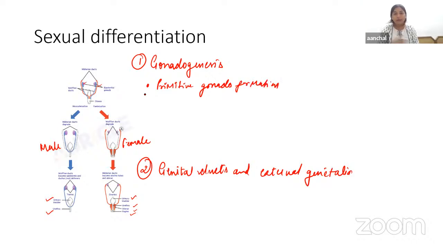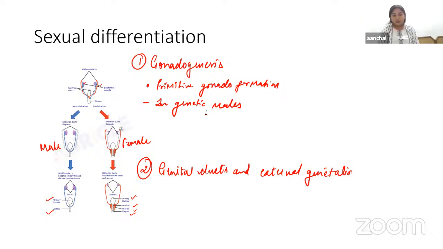Now what happens in genetic males and what happens in females, we're going to learn one by one. In the genetic males, testicular differentiation begins as early as the 7th week by the Y chromosome.